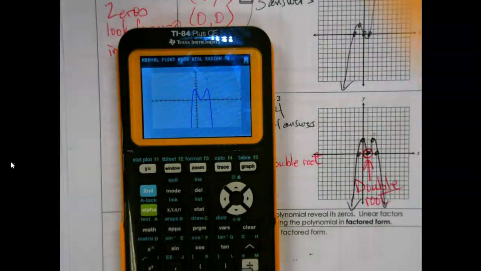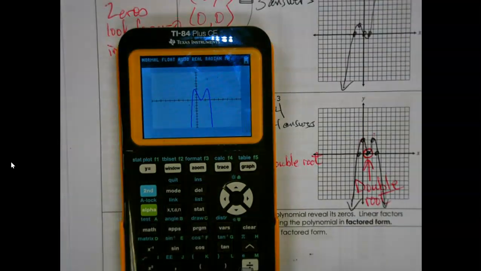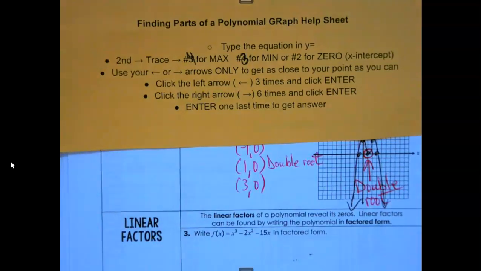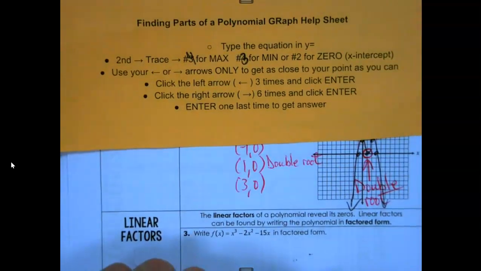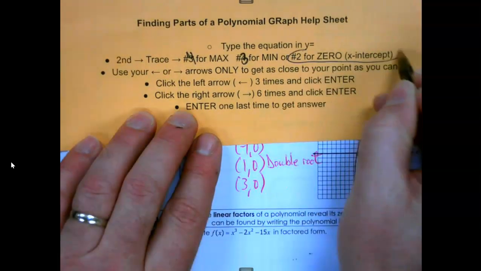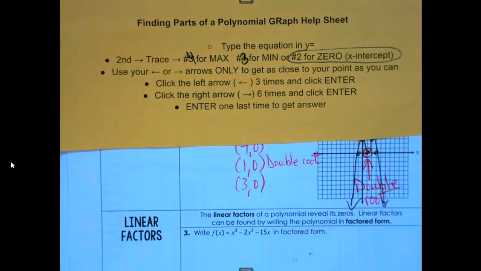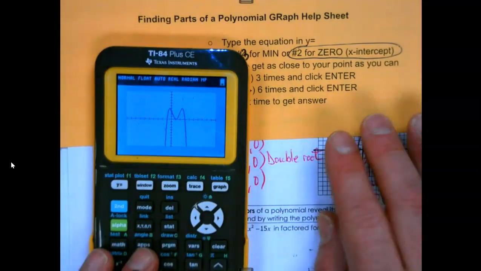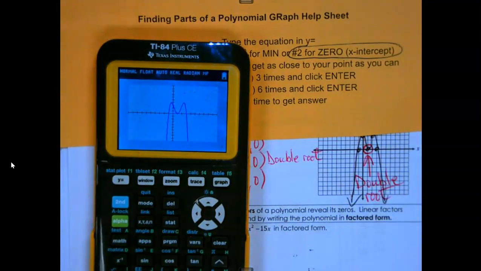So here's where I'm going to bust out one more thing to help me. And you might want to jot this down. You're like, oh, not this thing again. Yeah, this thing again. If I'm looking for an x-intercept, if I'm looking for a 0, we can do that the exact same way we've been doing all this other stuff.